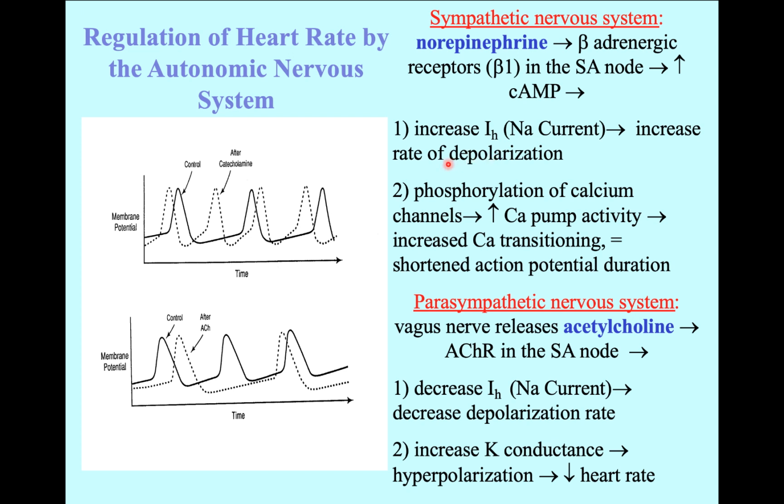And with more protein kinases, we're going to be able to do a lot more phosphorylation, specifically of calcium channels. When you phosphorylate calcium channels, it increases their ability to function. So you're going to have more calcium pump activity, which causes more calcium movement at a faster rate. And that means we're able to store calcium at the end of each contraction cycle a lot faster. So here's the gist of this.